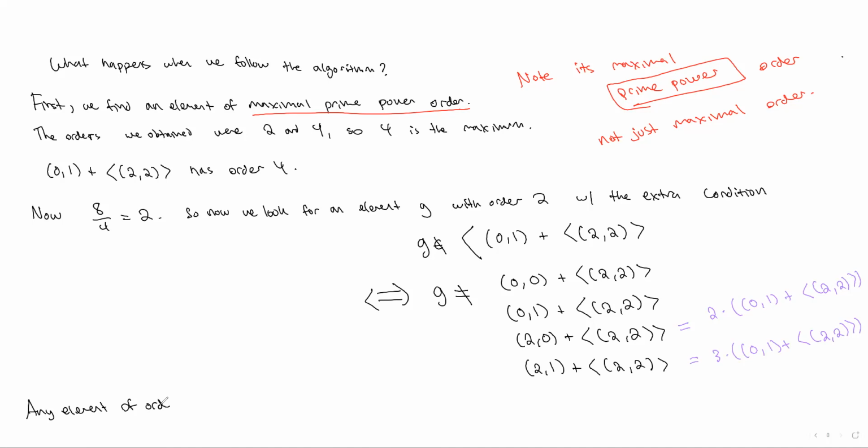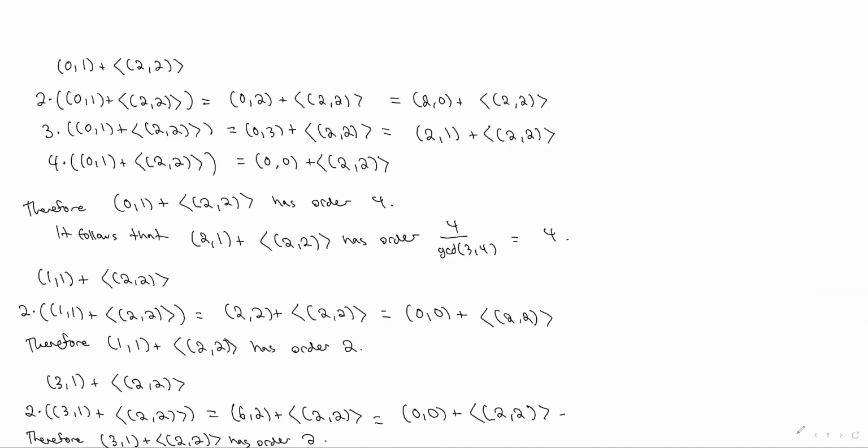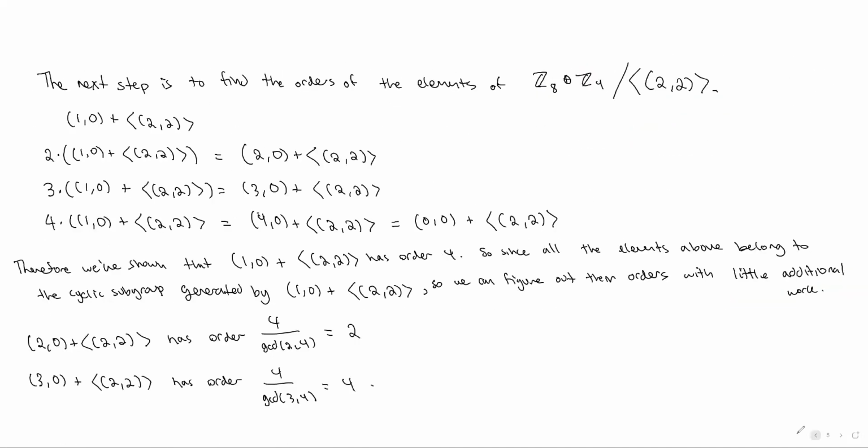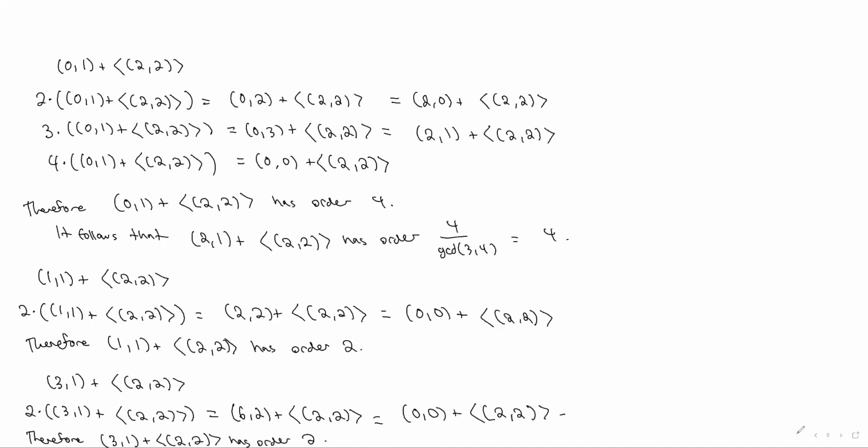one of those. So for example, what are some order 2 elements we found? So we can't take (2,0). We can't take (0,1), (2,0), or (2,1). So we can't take (2,1), (2,0).